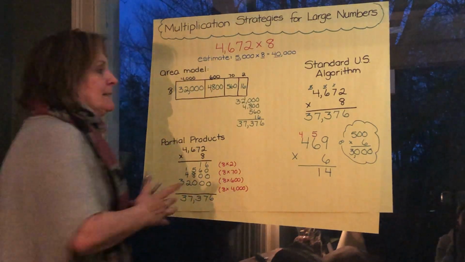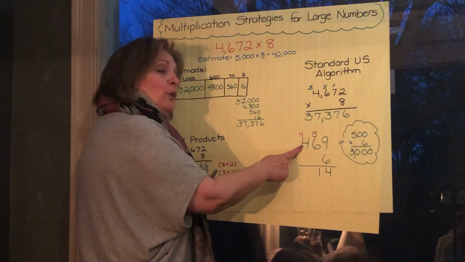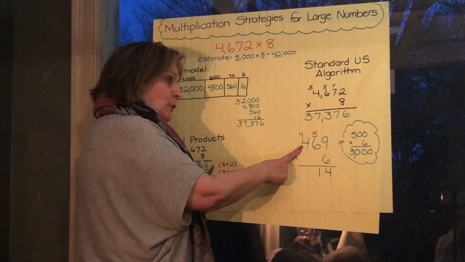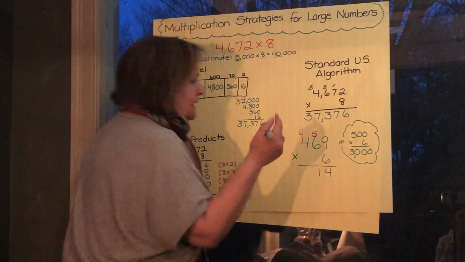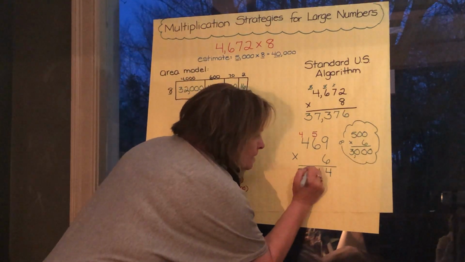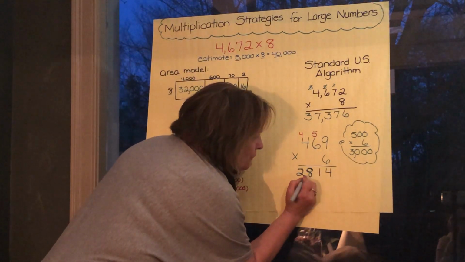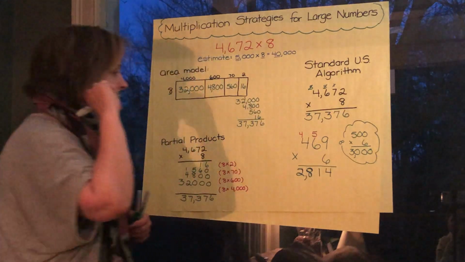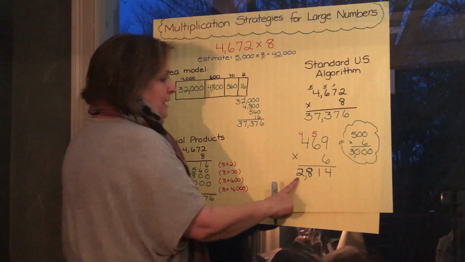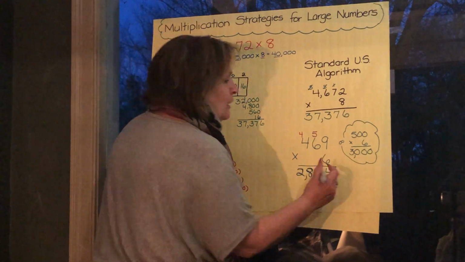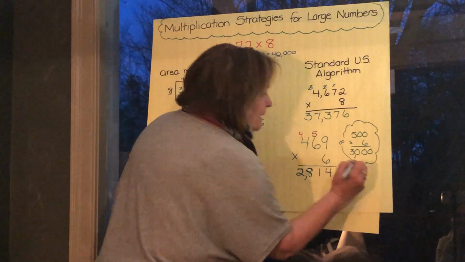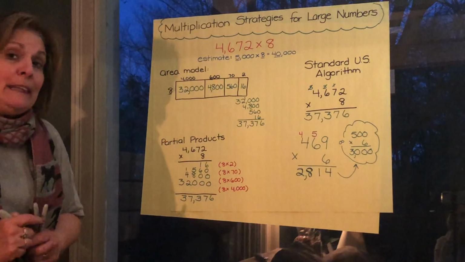Now I say to myself, 6 times 4 is 24 plus 4 more is 28. I count over 3 and put in my comma. And so my answer for this problem is 2,814. And then I compare it back to my estimate, which is 3,000.